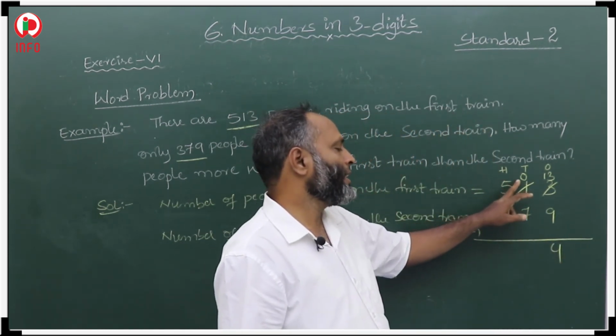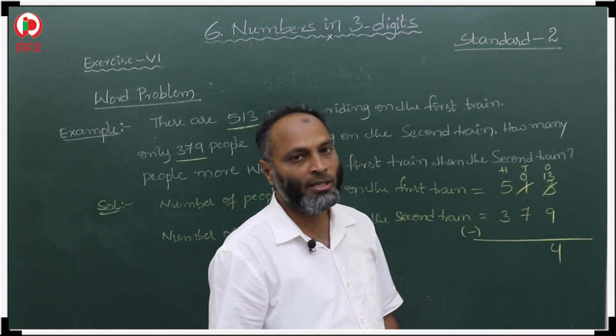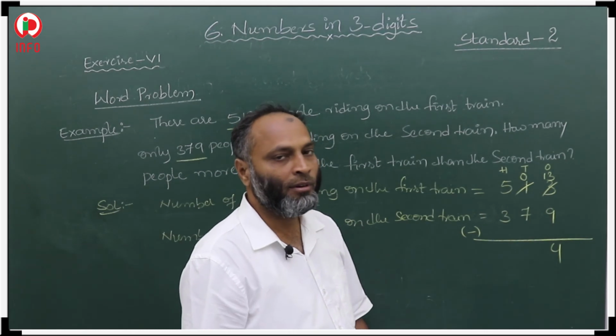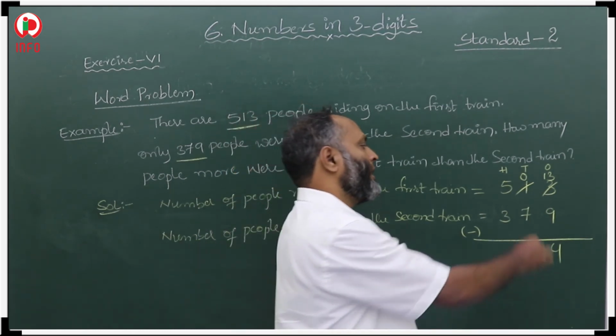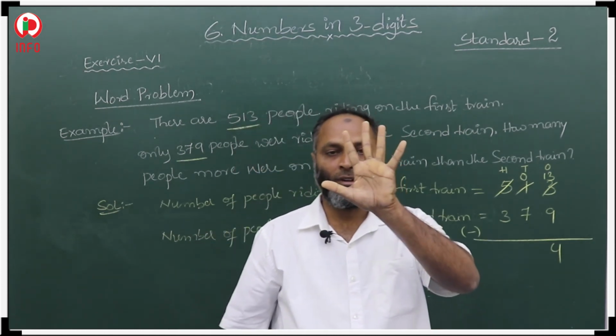Here 0 tens and 7 tens. 0 is less and 7 is more. So we cannot minus this one. What do we have to do? We have to take a borrow. Take borrow from the hundreds. You take borrow from 500.